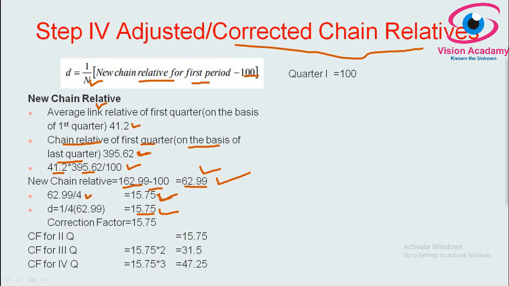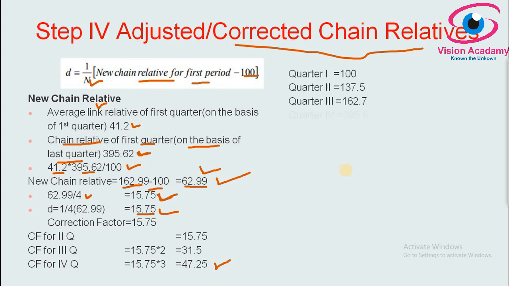that we obtained here by doing so many steps. Now we shall obtain corrected chain relatives. For the first quarter, the corrected chain relative will be 100. To find corrected chain relatives for the second quarter, we need to apply the formula, and for that we need chain relatives.